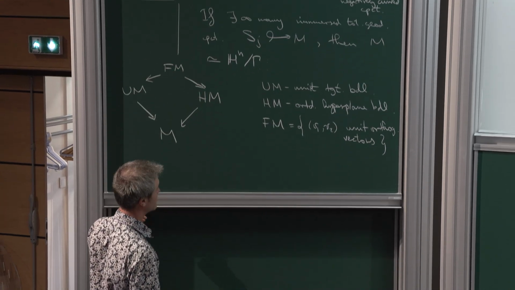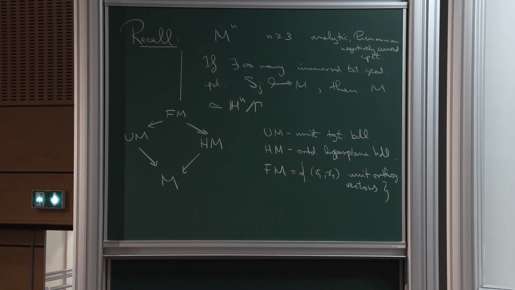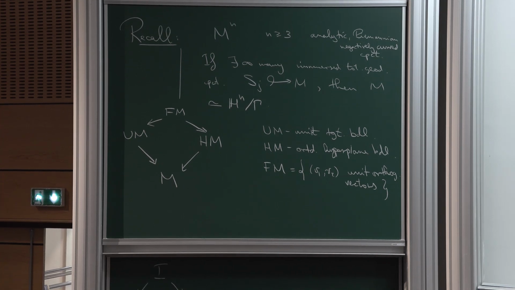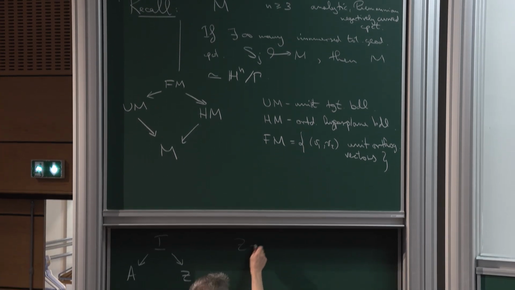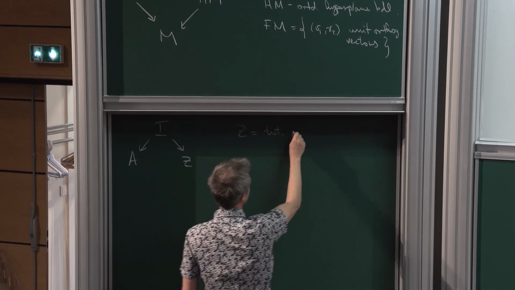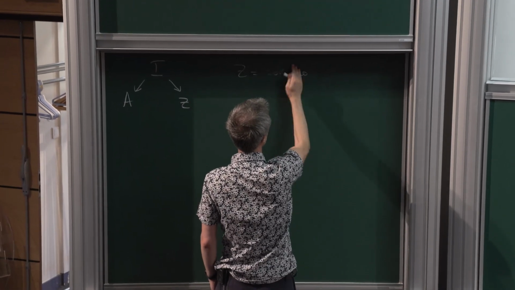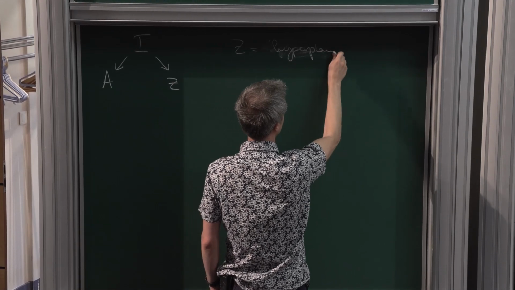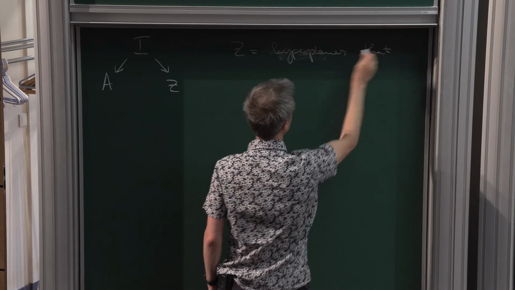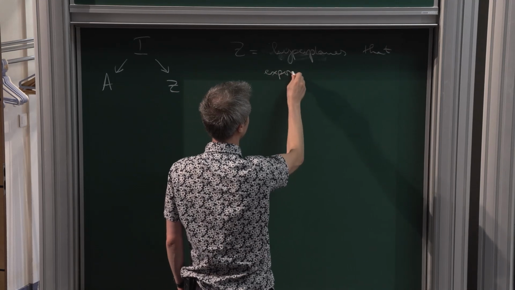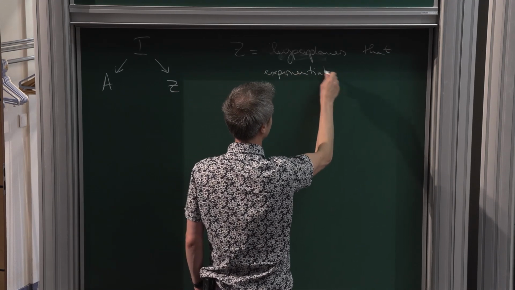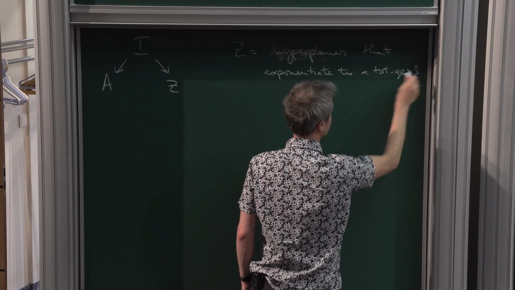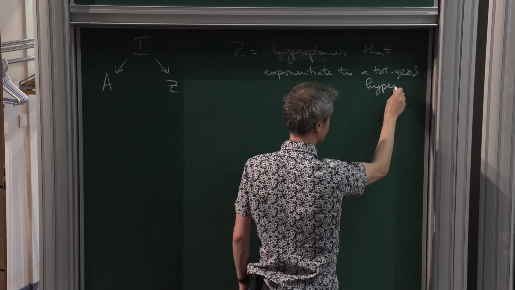Associated to this, we had 3 more sets. So Z was the totally geodesic hyperplanes that exponentiate to a totally geodesic hypersurface, not necessarily closed.